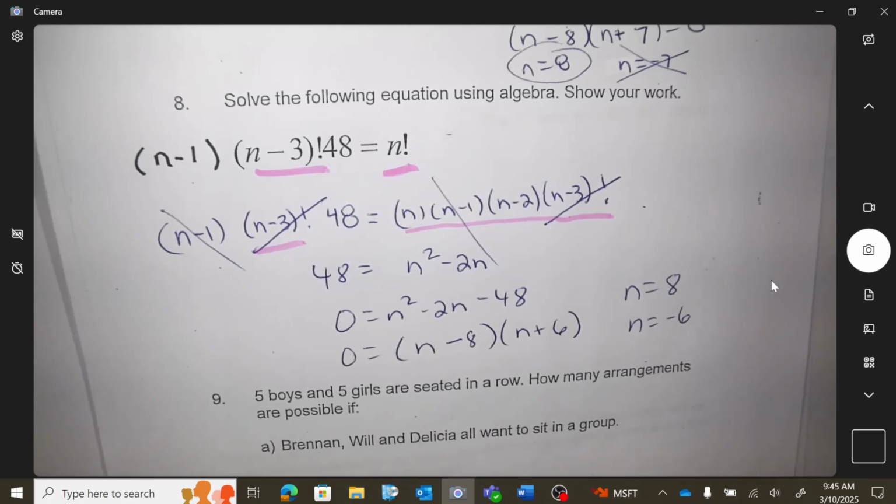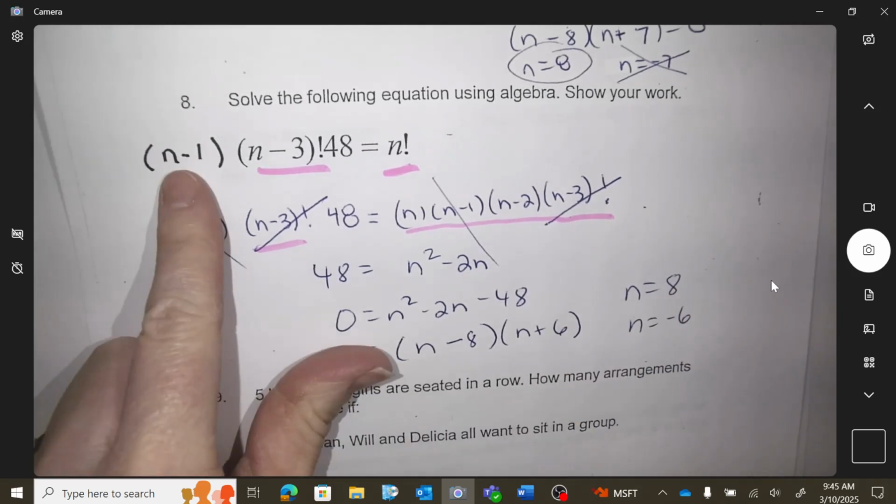Okay, and then you just have to check your answers to see if they work. Negatives don't automatically mean a rejection here. It's when you plug them in. So 8 might not even work, but we have to try.